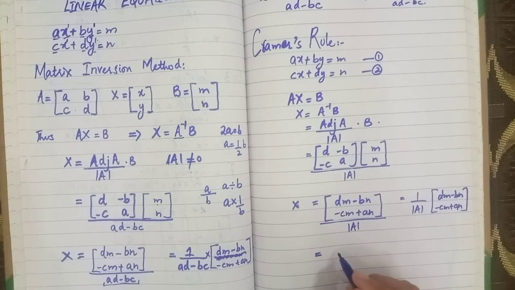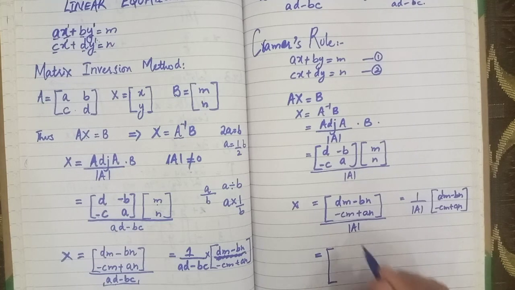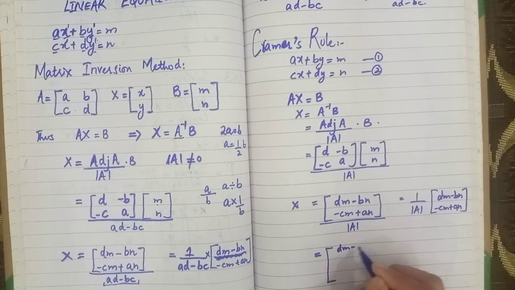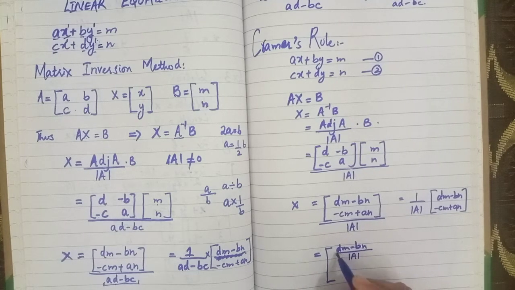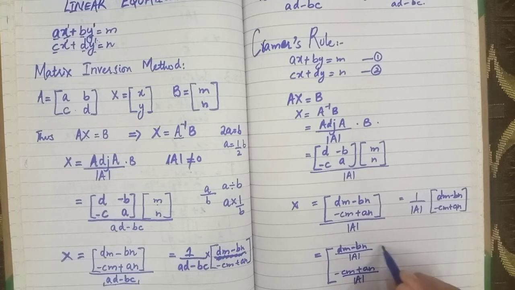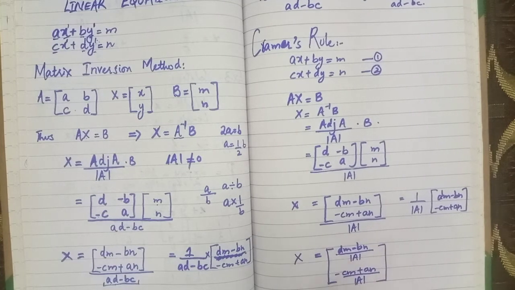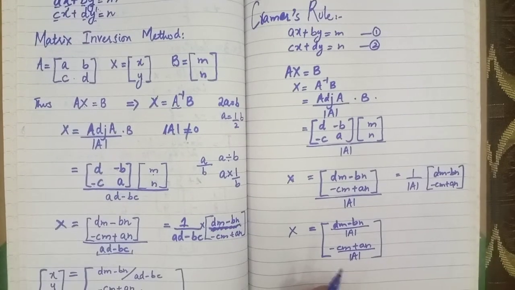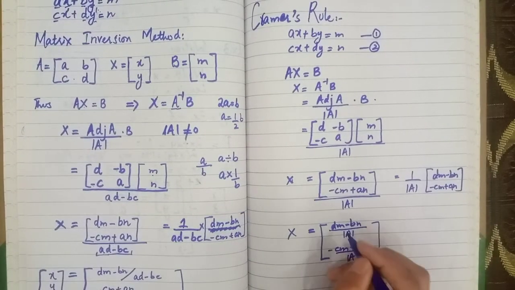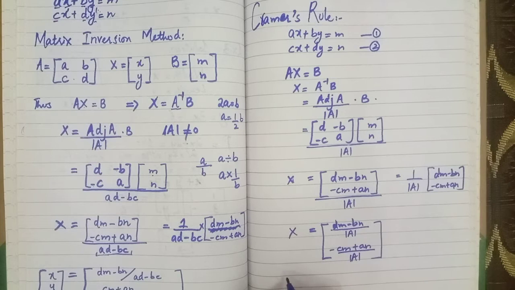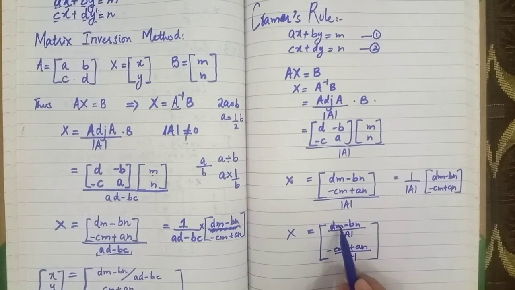In the next step, that would be dm minus bn divided by determinant of A, then minus cm plus an divided by determinant of A. So what is this dm minus bn equal to?